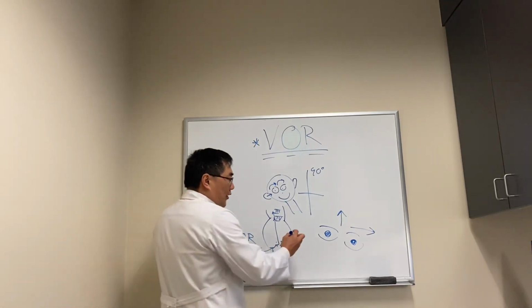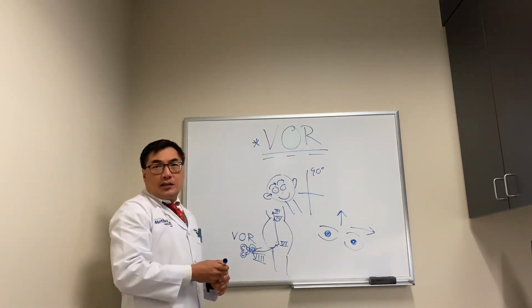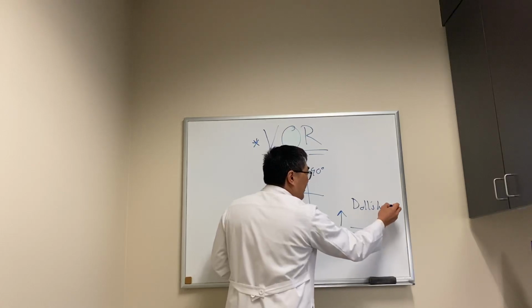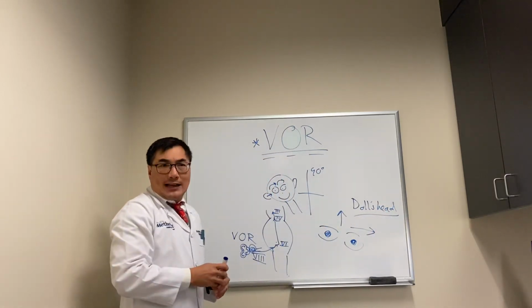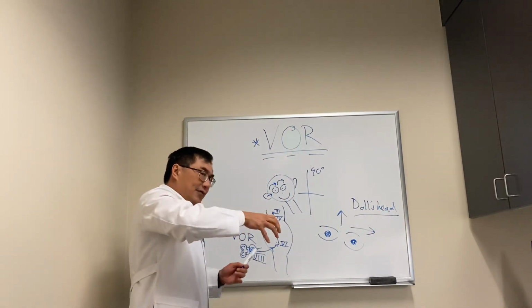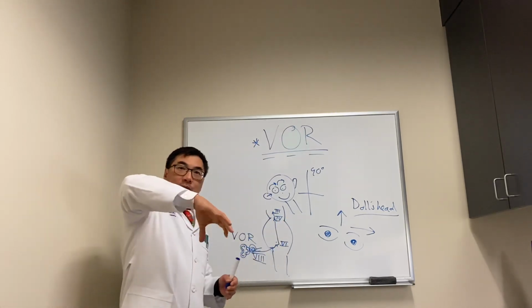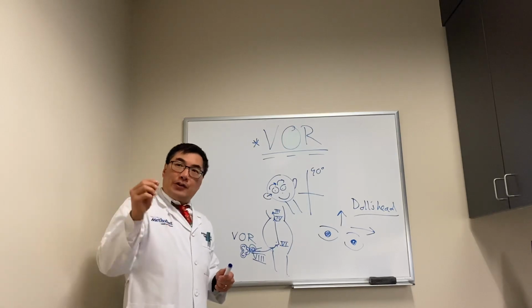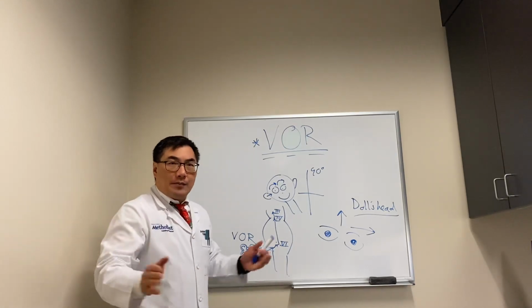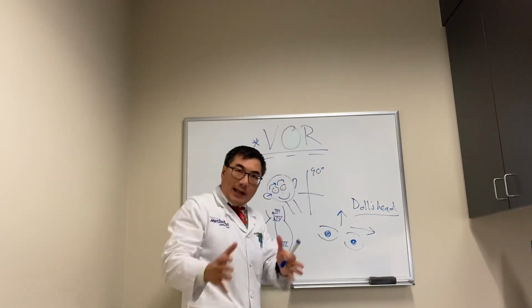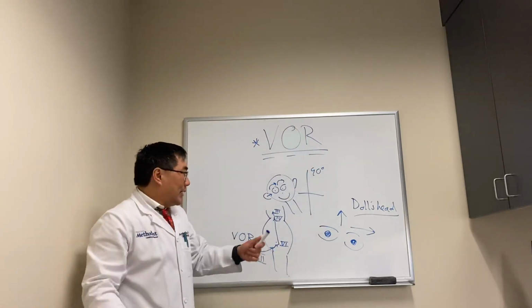And if we can overcome the movement with the doll's head maneuver, then we know that everything below the nucleus is intact. So if the person can't look to the right, but we can make them look to the right with the doll's head maneuver, then we know the nucleus, the nerve, the neuromuscular junction, and the muscle are all able to move the eyes, but the supranuclear control telling the patient to look to the right has been disrupted.